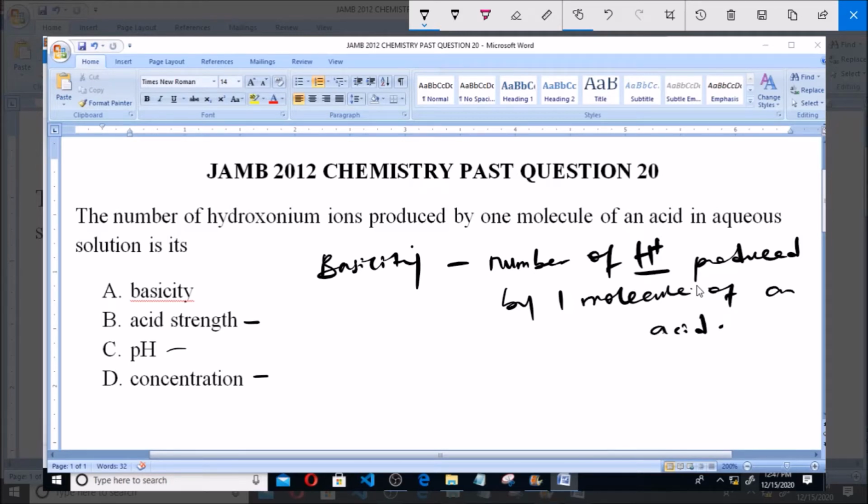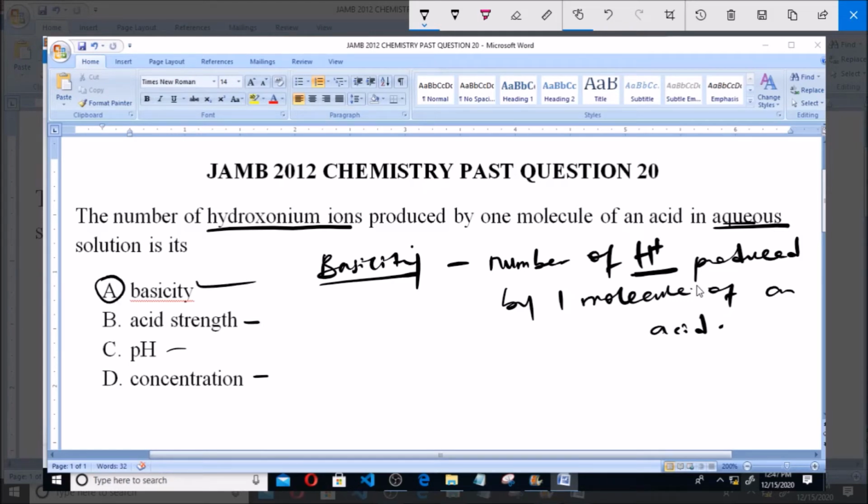Now, an acid will always produce a hydrogen ion as its only positive ion, but when this acid is placed in an aqueous solution, it will produce hydronium ion. So it simply means that the number of hydrogen ion produced by one molecule of an acid is also equivalent to the number of hydronium ion produced by that same acid in an aqueous solution, and that refers to the basicity of that acid, making option A correct.